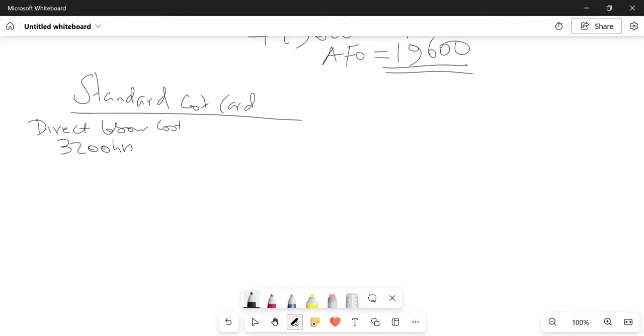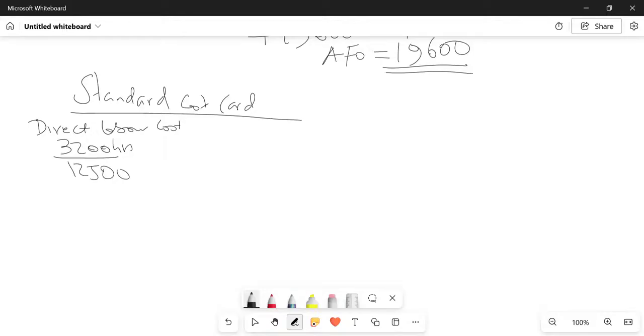And these hours are for producing how many kilometers in the budget? 12,500. So divided by 12,500 to get the labor hours, what we call SH per unit.